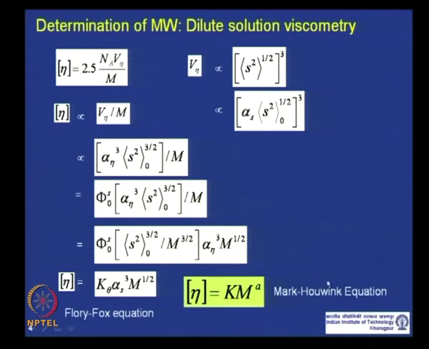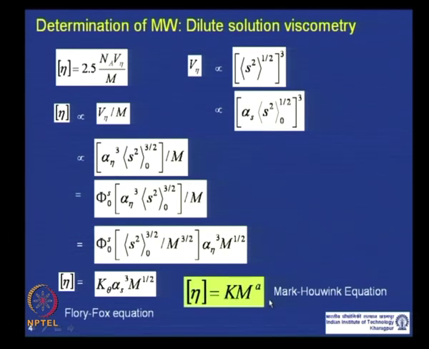This expression we got from the theoretical calculation which we just carried out, but before this theoretical expression was arrived at by Flory-Fox, Mark and Houwink had arrived at this expression semi-empirically, experimentally. So, this expression is known as the Mark-Houwink equation.